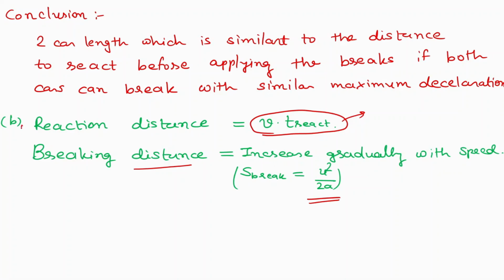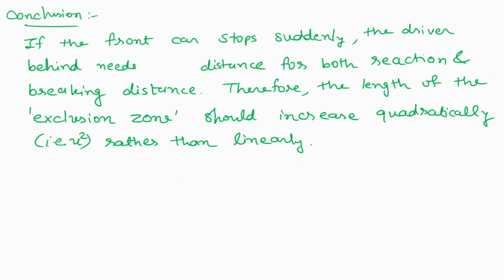So you just have to add these two distances. If the front car stops suddenly, the driver behind needs some distance for both the reaction distance and the braking distance. Therefore, the length of the exclusion zone increases quadratically rather than linearly.